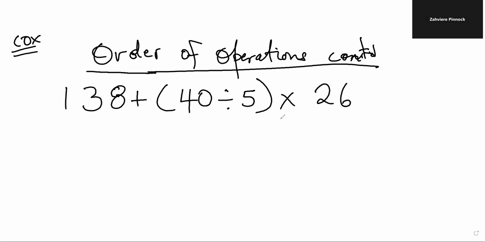So the first thing we'll do, we'll say 40 divided by 5, and that would be equal to 8. Then we'd bring down the 26 and put that in brackets.